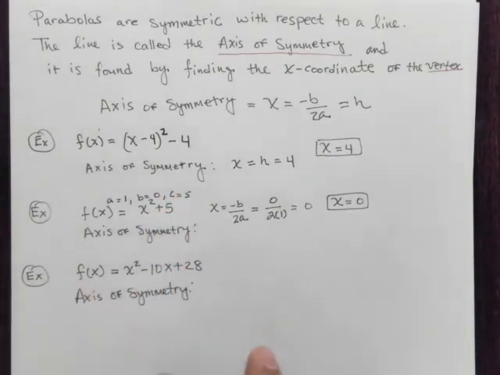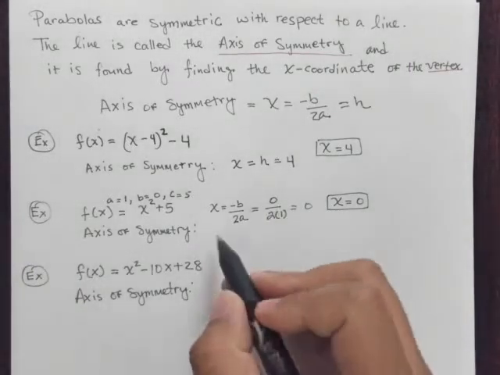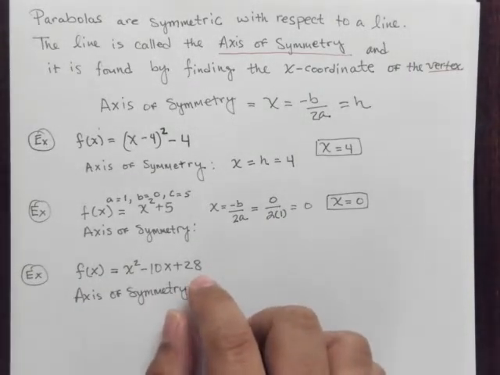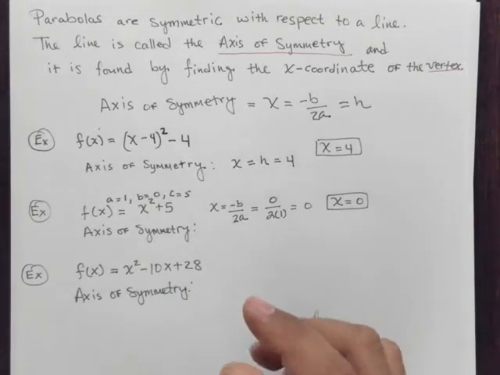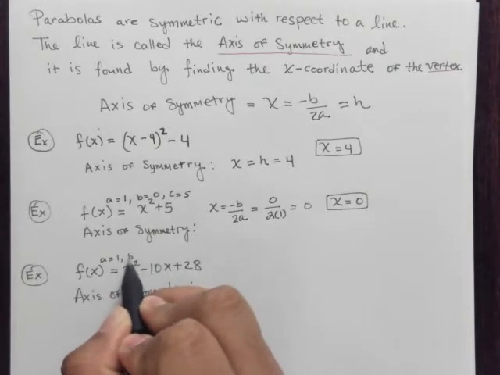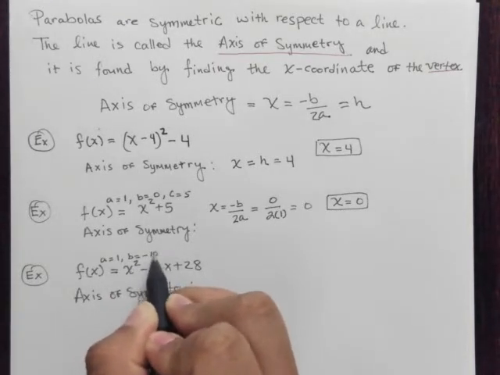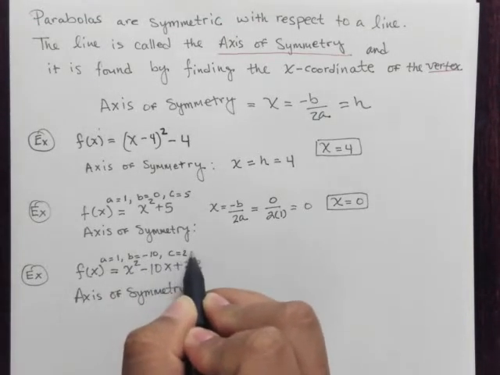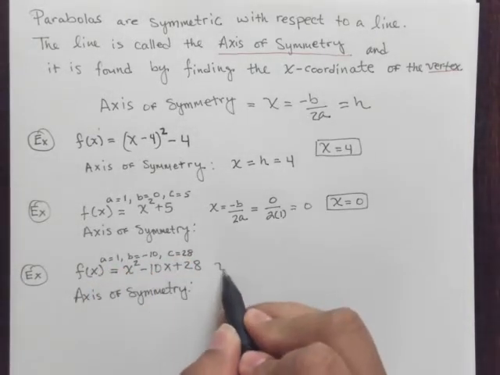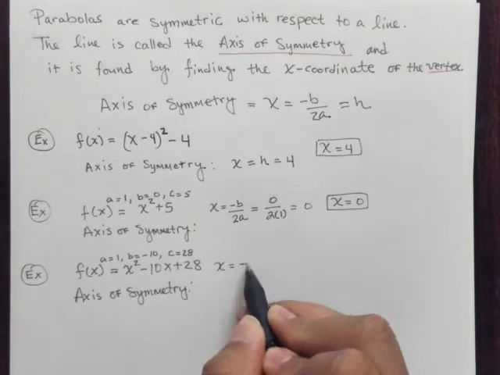Now let's take a look at the very last example. Again, this one is in standard form. So a equals 1, b equals negative 10, and c equals 28. Again, we don't need c, we just need a and b, but I'm writing it to remain consistent.